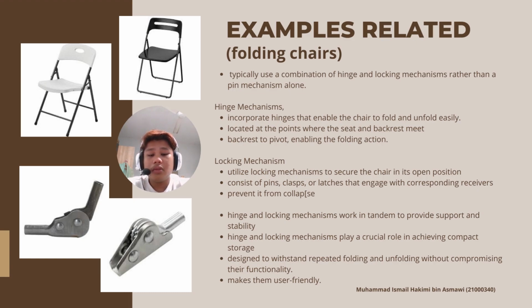In addition to the hinges, folding chairs utilize locking mechanisms to secure the chair in its open position. Basically, these mechanisms often consist of pins, clamps, or latches that engage with corresponding receivers on the chair frame, preventing it from collapsing unintentionally.